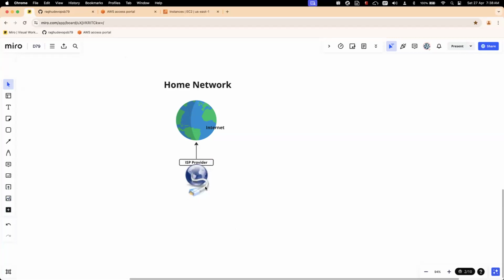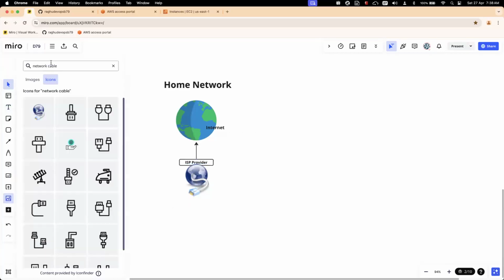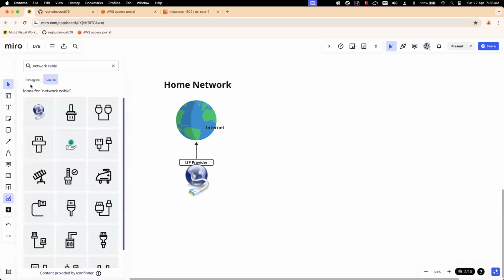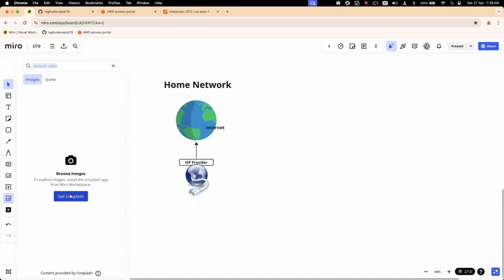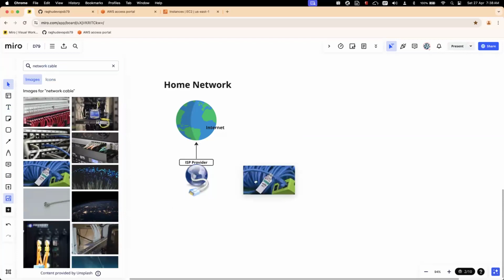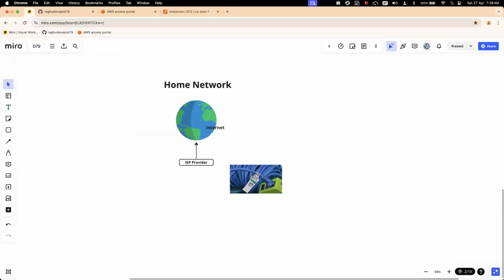He will get one cable from the internet and keep it to your Wi-Fi router. That's what he will do, right?